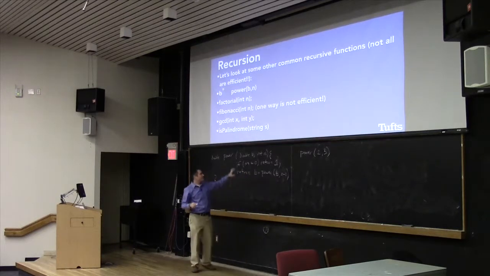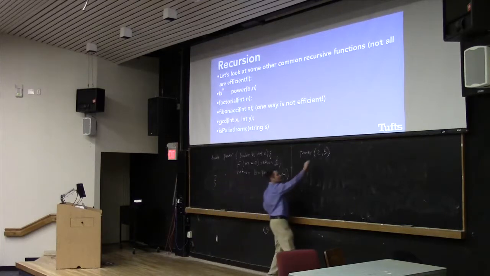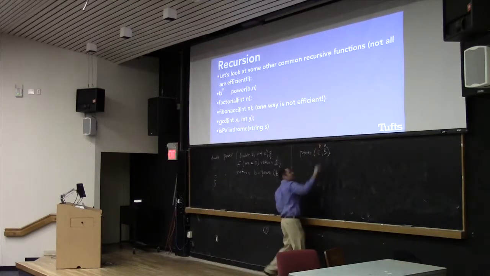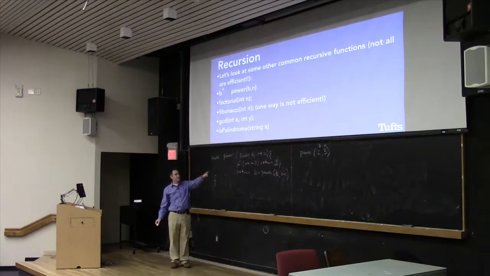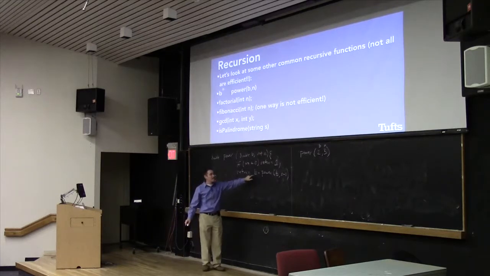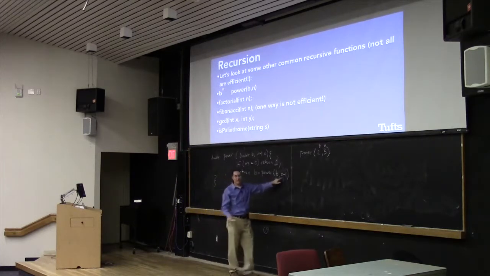The first thing that's going to happen is it's going to call power 2, 3. And we're going to check and see if n is equal to 0. Remember, this is b, this is n. Does n equal 0? No. So we're going to say return b times power of n minus 1.